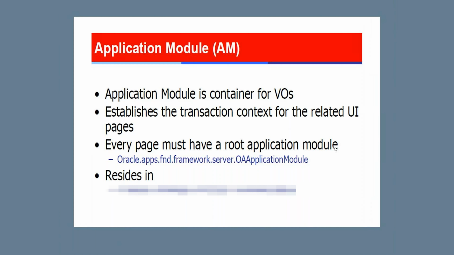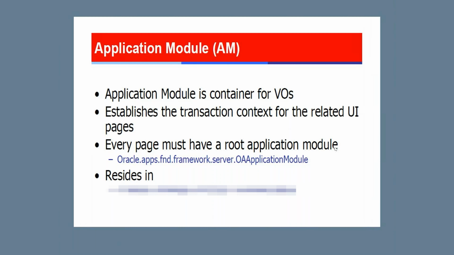But when you are using multiple application modules in a page, the application module attached to the topmost region, that means the parent or super parent region, will always act as the root application module.